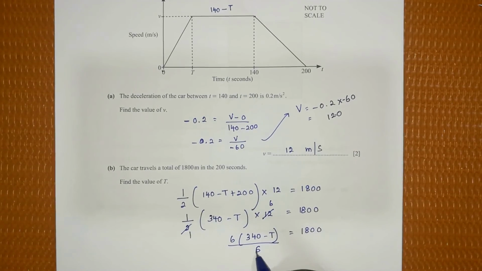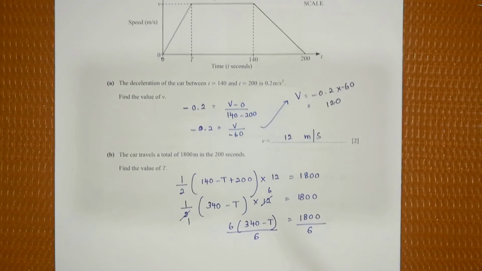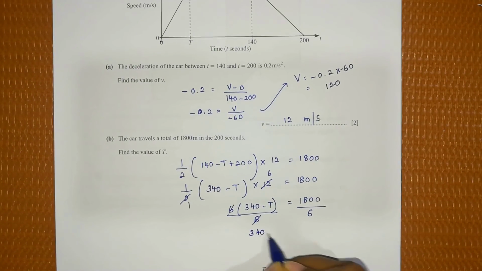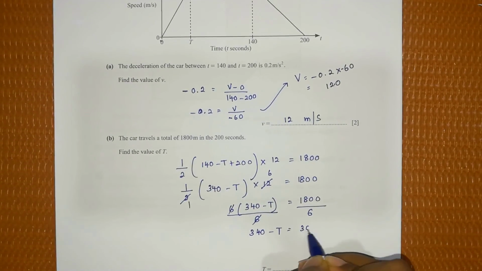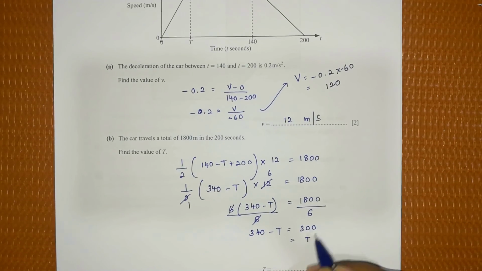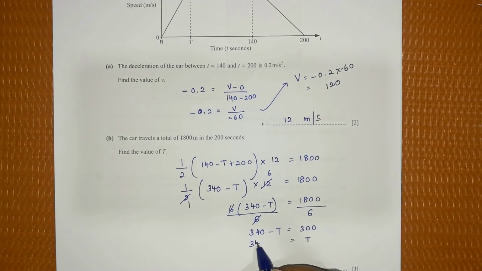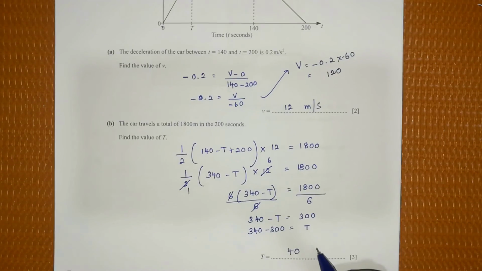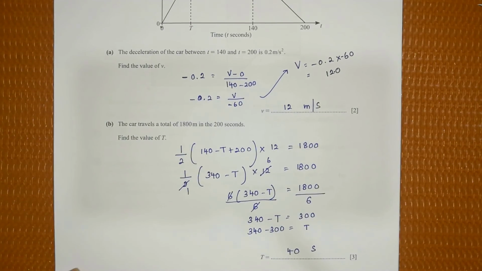You have to divide it by 6. 340 minus t equals 300. Then for t, 300 comes to this side, minus 300. So the time is 40 seconds. Capital T is 40 seconds.